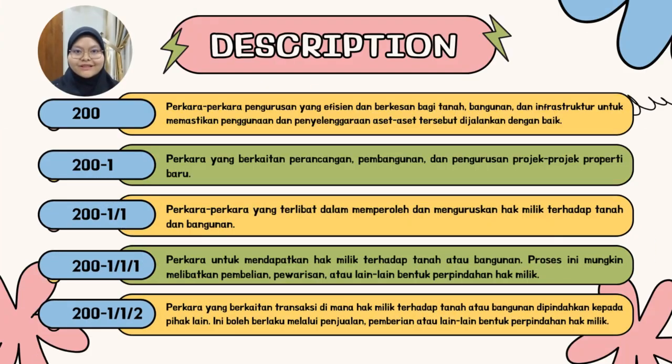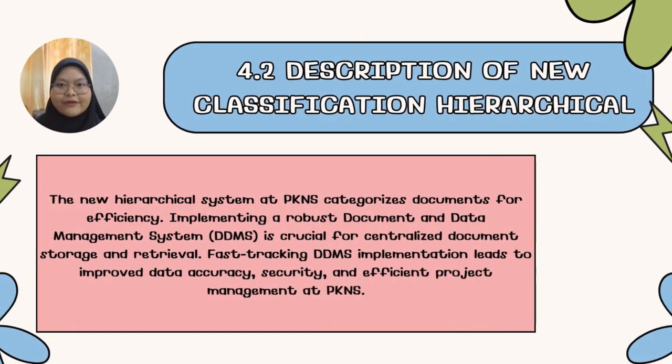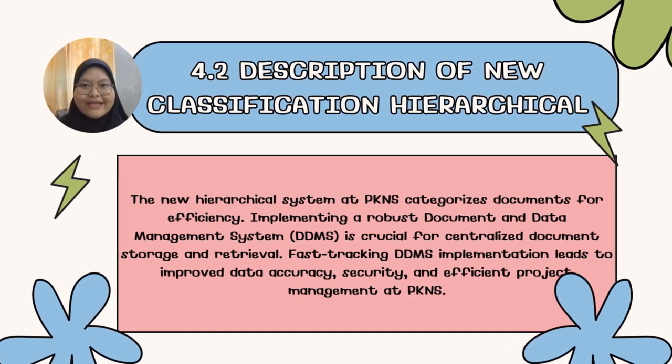This is the description of the fast hierarchical classification system for 200 untuk pengurusan tanah, bangunan dan infrastruktur. This is the description of the fast hierarchical classification system for 300 untuk pengurusan aset. Description of the new classification hierarchy by faster implementation of DDMS.